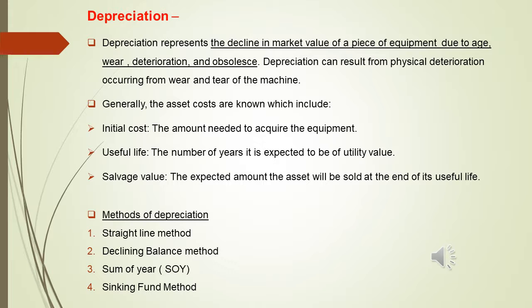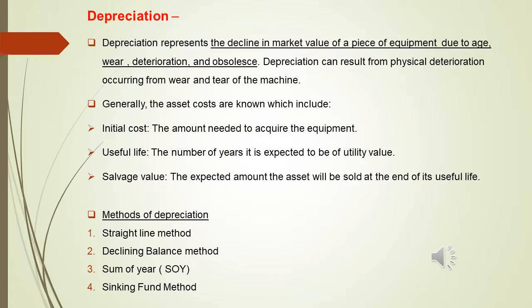That is the time duration, the number of years it is expected to be of utility value. Salvage value, what is it? The expected amount the asset will be sold for at the end of its useful life.